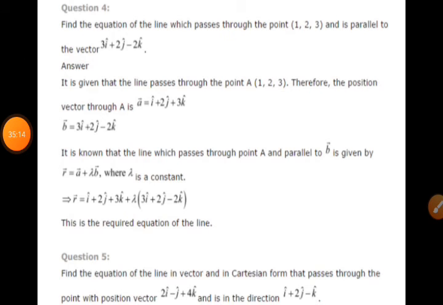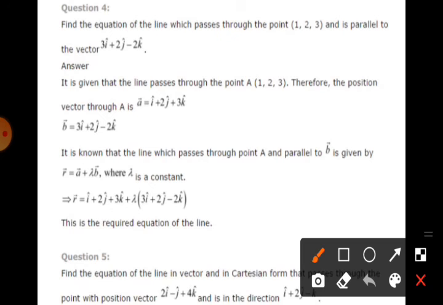Next, question number 4. Find the equation of the line which passes through the point (1, 2, 3) and is parallel to the vector 3i vector plus 2j vector minus 2k vector. Given a point and a parallel vector, the well known formula is r vector equals a vector plus lambda b vector.